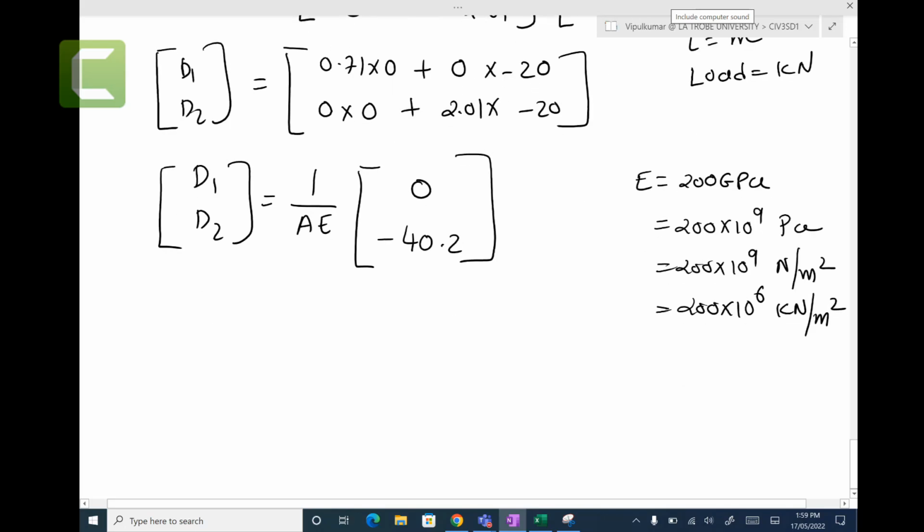So E is good now, it is in kilonewton and meter. Area is given to us in millimeters. Area is equal to 300 millimeter square. So 300 divided by 1000, again 1000, to get it in meter square.